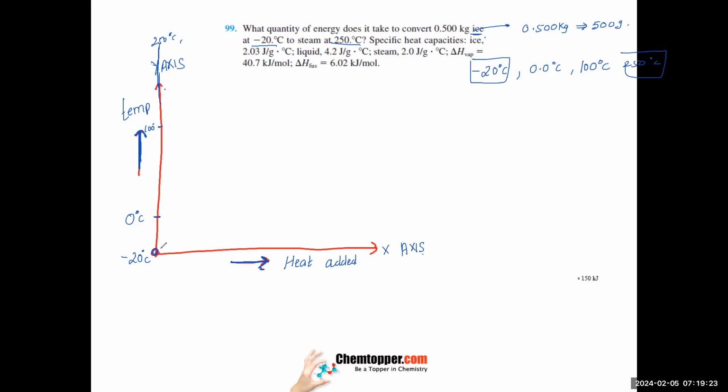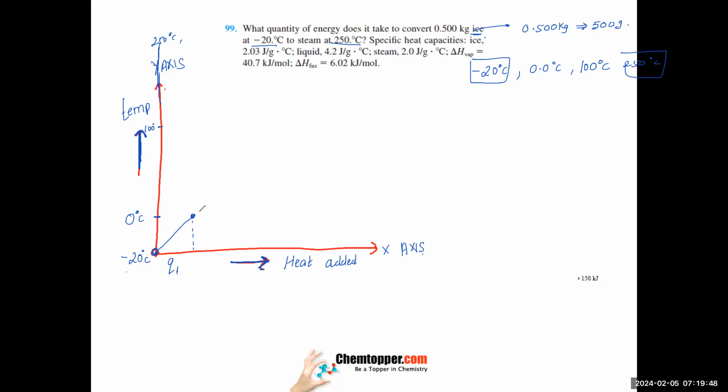Now, minus 20 to 0. What will happen? Because this is the melting point, from minus 20 to 0 the graph will go up. There is a rise in temperature. This is Q1, the amount of heat needed to raise the temperature from minus 20 to 0.